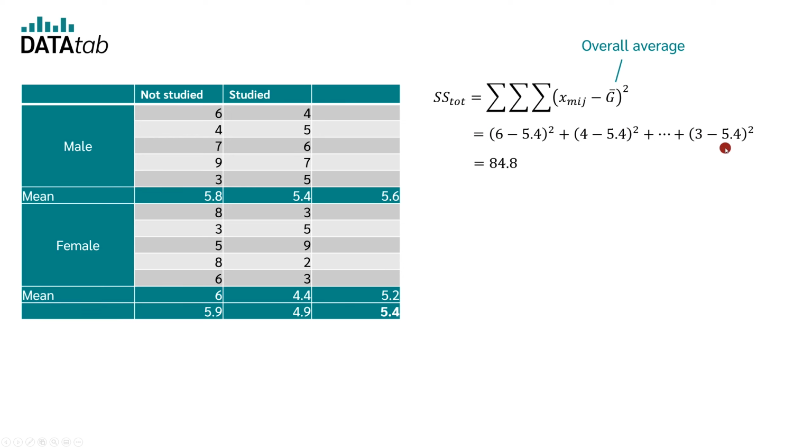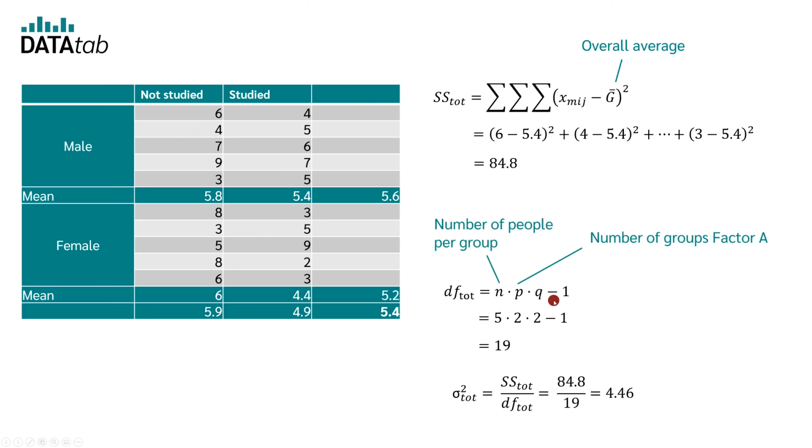3 minus 5.4 squared. Together with the sum of squares and the degrees of freedom, we can then calculate the total variance. The degrees of freedom here are given by n times p times q minus 1. N is the number of people in a group, which is 5 in our case. And P and Q are the number of categories in each factor.